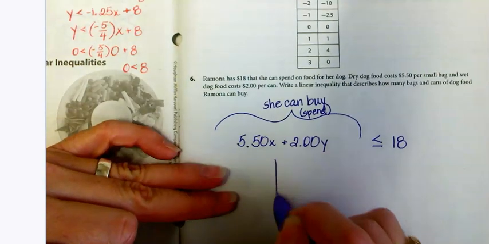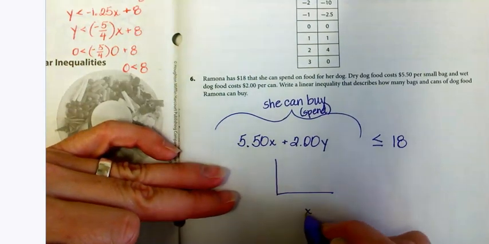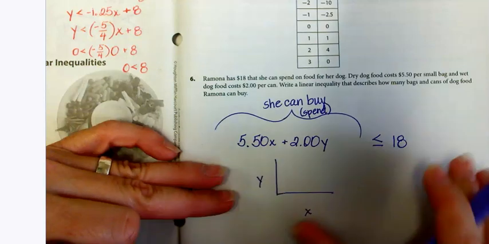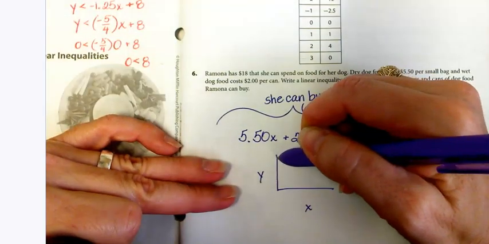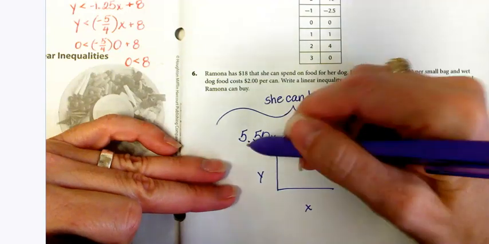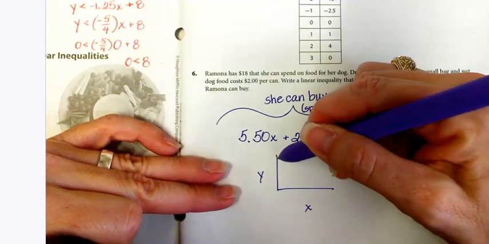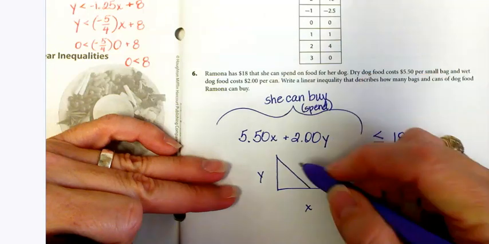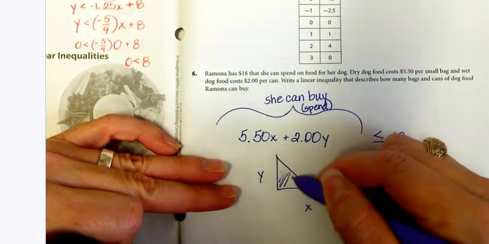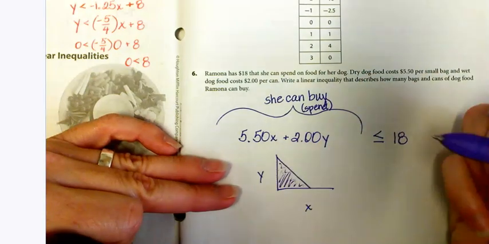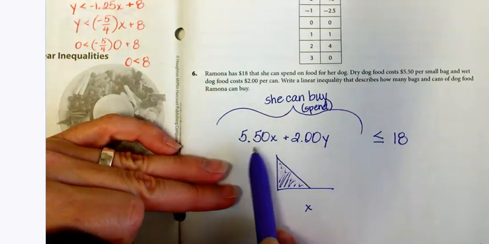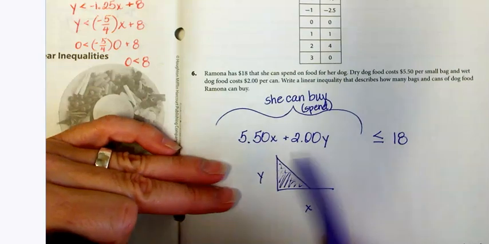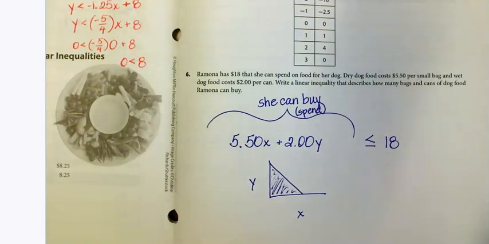And when we graph this at the end, we're going to have our X values here, our Y values here, and whatever my Y value and X value is together is going to be less than 18. So we're going to have something that looks like this. And there's going to be a bunch of different possibilities. Maybe if I buy 1 and 1, well, that's definitely something I can do because that's less than or equal to $18. But anyway, that's what we're going to wind up with, something similar to that.